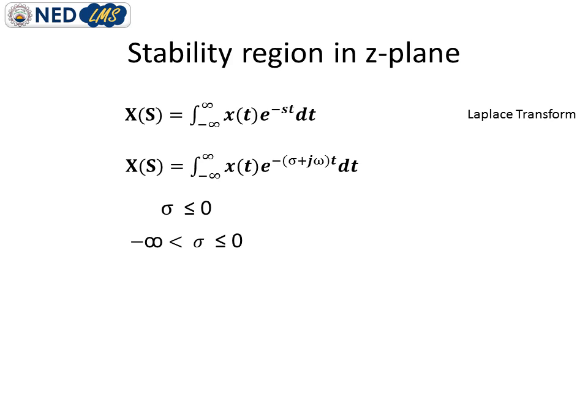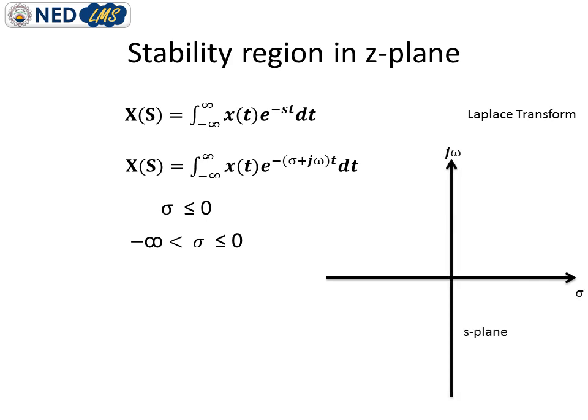So this particular information can be utilized to actually determine the stability region in Z plane. If I plot the S plane, then sigma is along the x-axis and j omega is along the y-axis. So for this S plane, we already know that the region on the left hand side is the stable region.